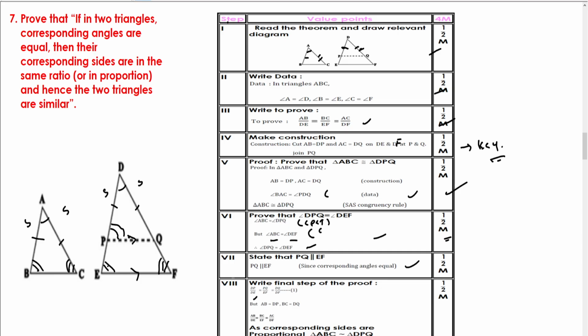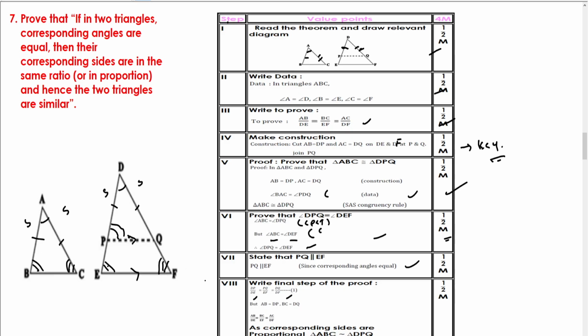You can observe the ratio: DP upon DE, PQ upon EF, and DQ upon DF. You can write it very easily.